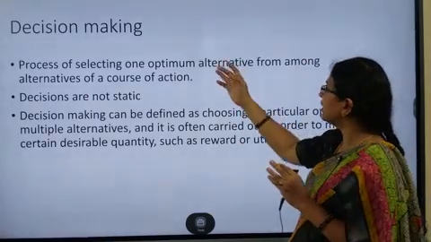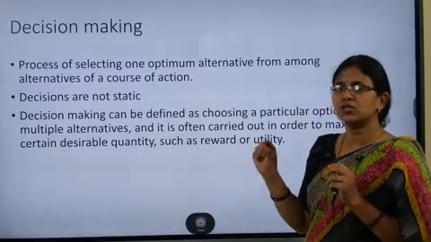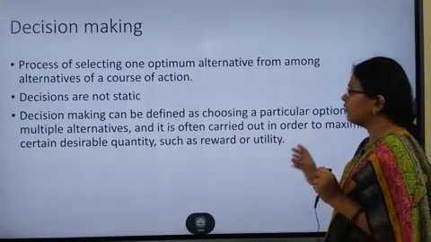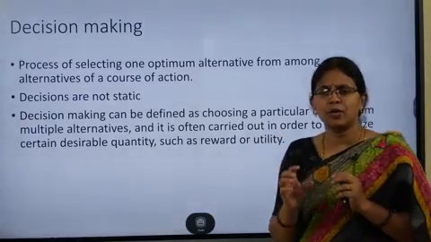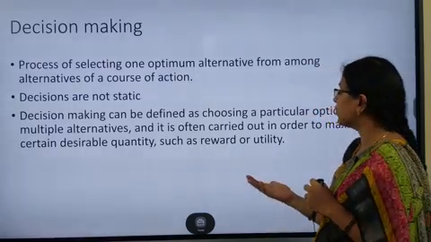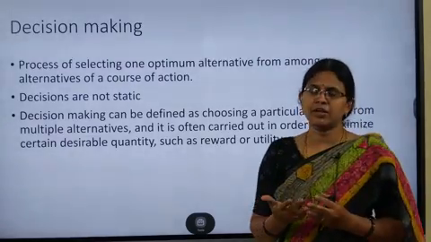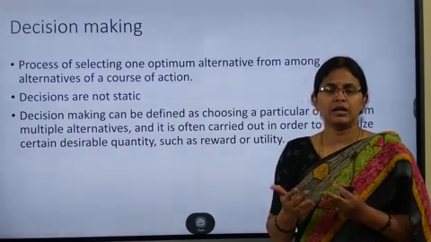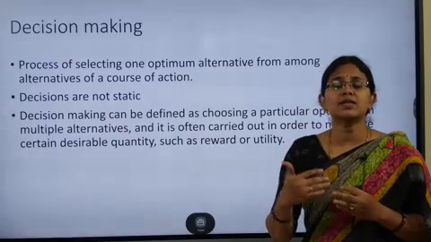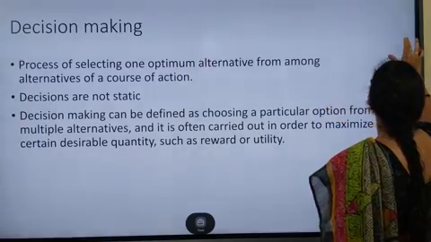Like selecting one appropriate alternative out of many, choosing one best solution out of many solutions. Why do we have to choose the appropriate and correct solution? In order to maximize your desirable output, desirable quantity, whatever it may be: output, reward, utility, anything. If you want to maximize your output, then you have to choose the right and optimum alternative. So this is about decision making.